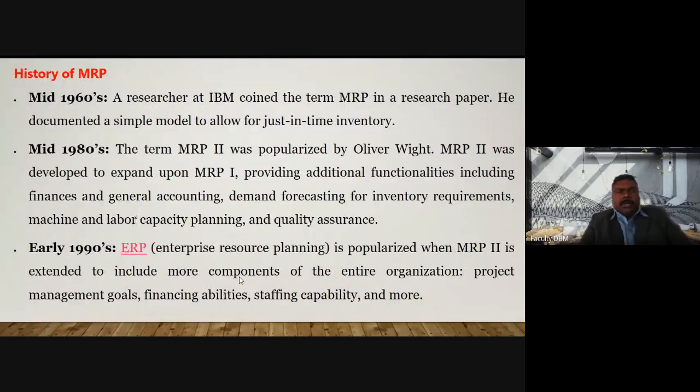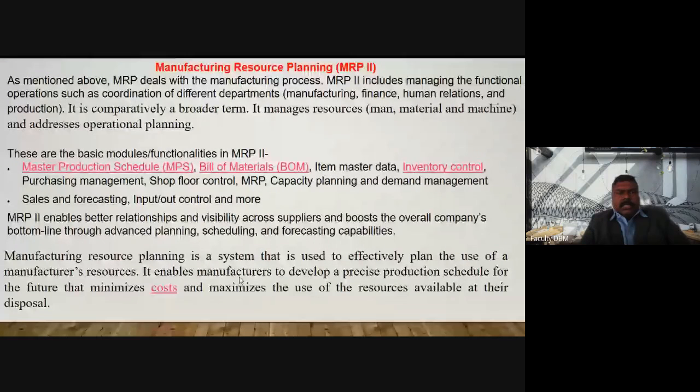And MRP2, you can see here the basic modules: we have BOM, item master data, inventory control, purchase management, shop floor control, MRP, capacity planning and demand management, sales and forecast. So a lot of additional to that. But here, what it says: manufacturing to develop precise production counsel for the future, minimizing costs and maximizing the resources. That is the main thing what we have.